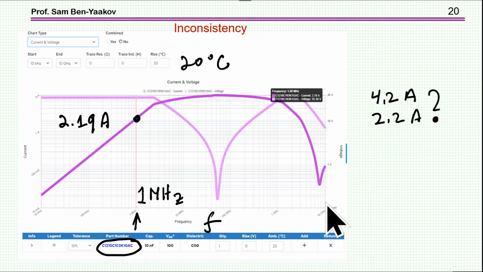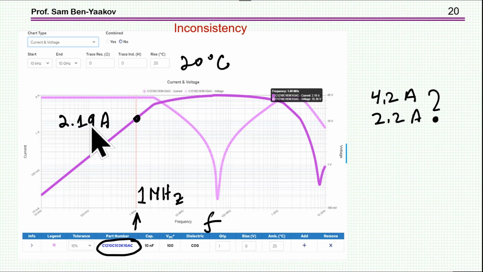But I can move to another window, which also gives me current, but in a different way. Now, this is the frequency, this is the current, and here is the plot, and all of this is for 20 degrees. Okay, this is 20 degrees rise. And if I look at 1 megahertz, I find 2.19.